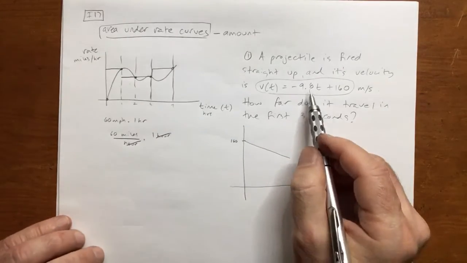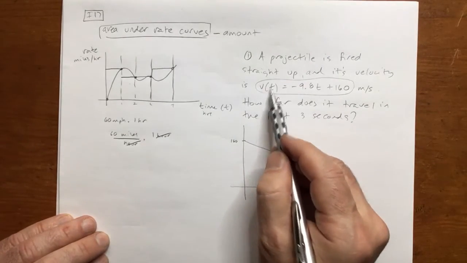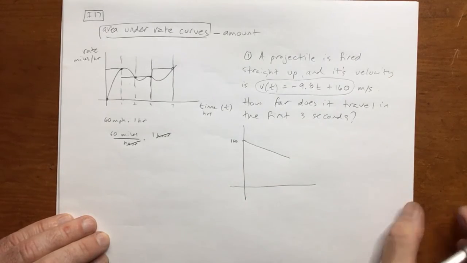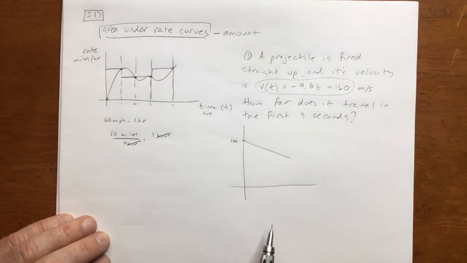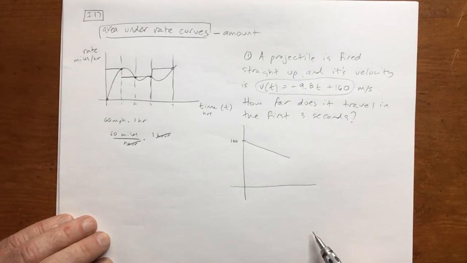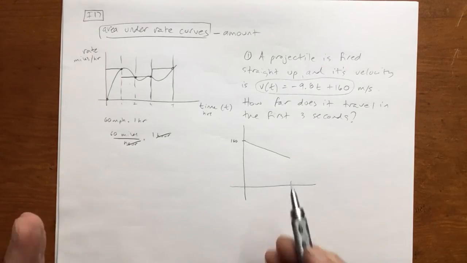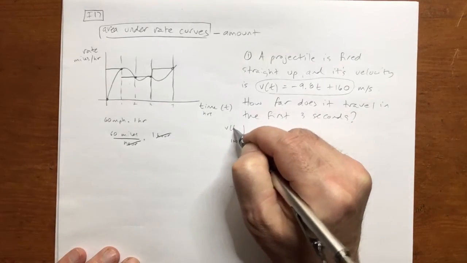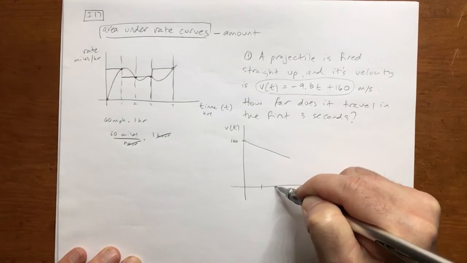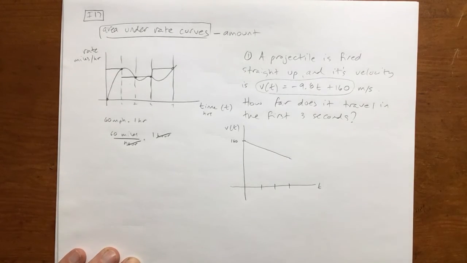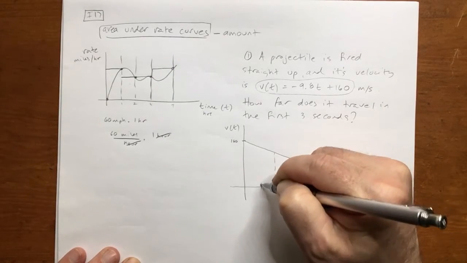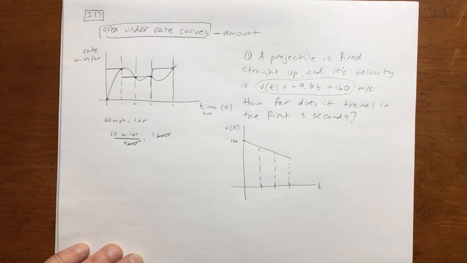You could solve for when v equals 0, and you'd find that occurs after the time is 3, so I don't have to worry about going below the x-axis on this problem. So here I have my rate curve, v of t and t. I'm going to break this up into 3 subintervals of equal length. Not very well drawn.